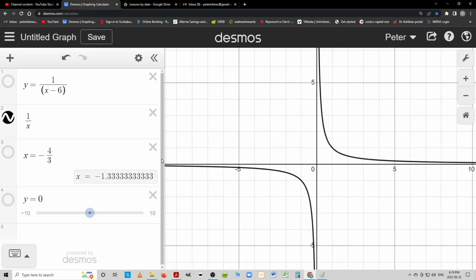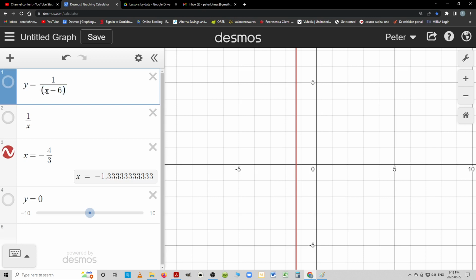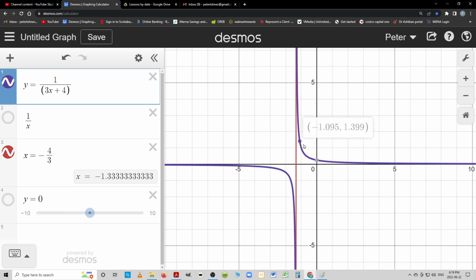So apparently I'm saying that there's going to be a new one once we translate, so let's turn that off, and we're going to do 3x plus 4. So according to me, boom, sure enough, it's the same reciprocal, except we have an x translation, and technically it's a stretch. So how would I write that in translation form, by the way? How would I write this in correct translation form?